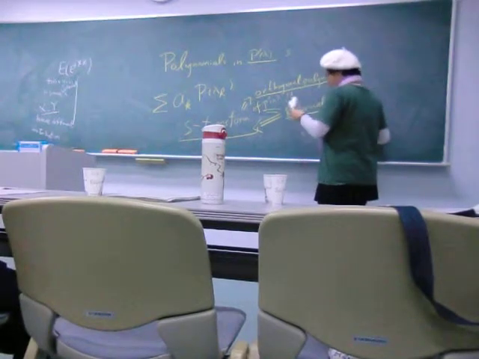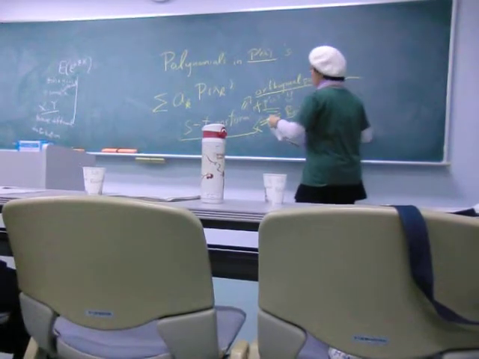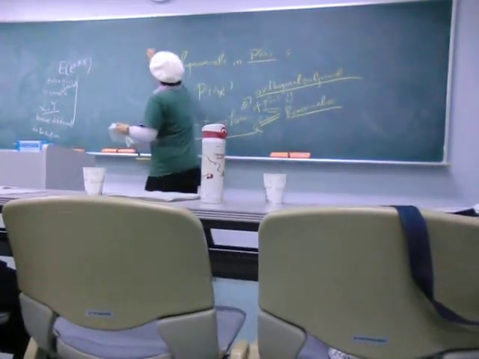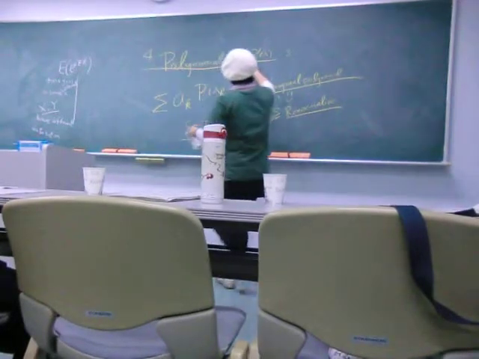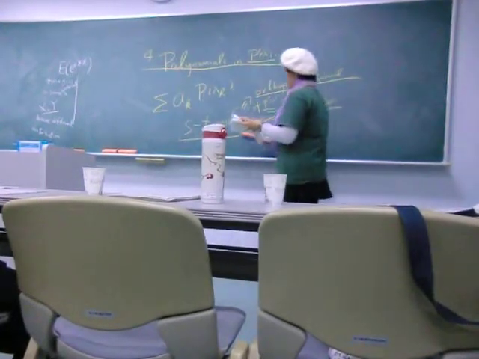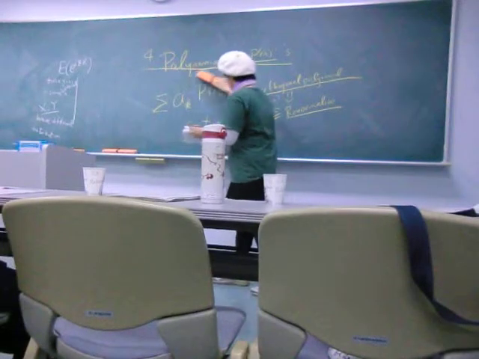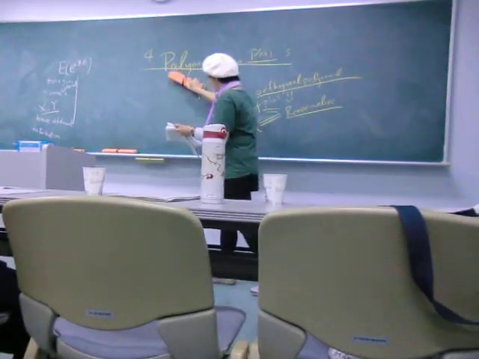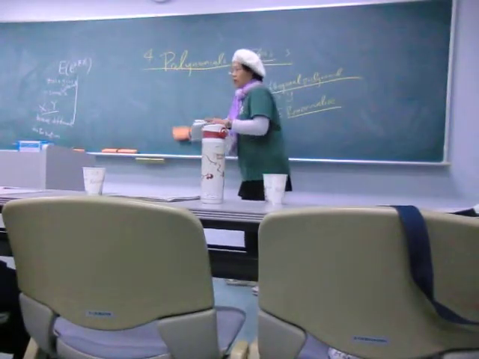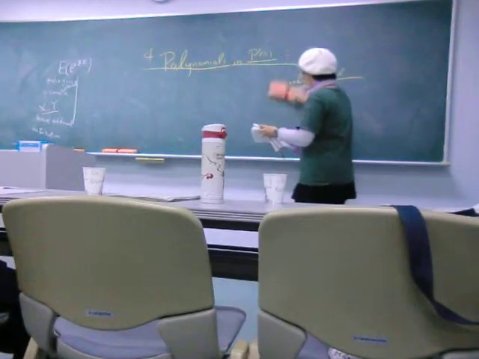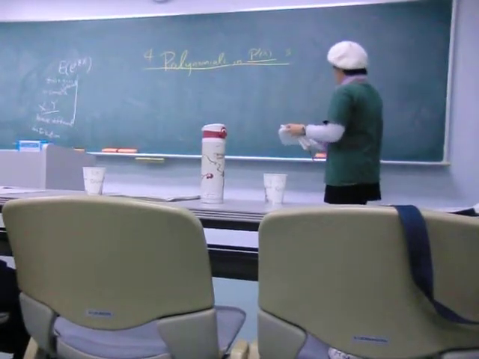So, in section 4, the polynomial in the P dash lambda, we consider this kind of polynomial. And we want to do the first step to renormalize. The first step is very important.